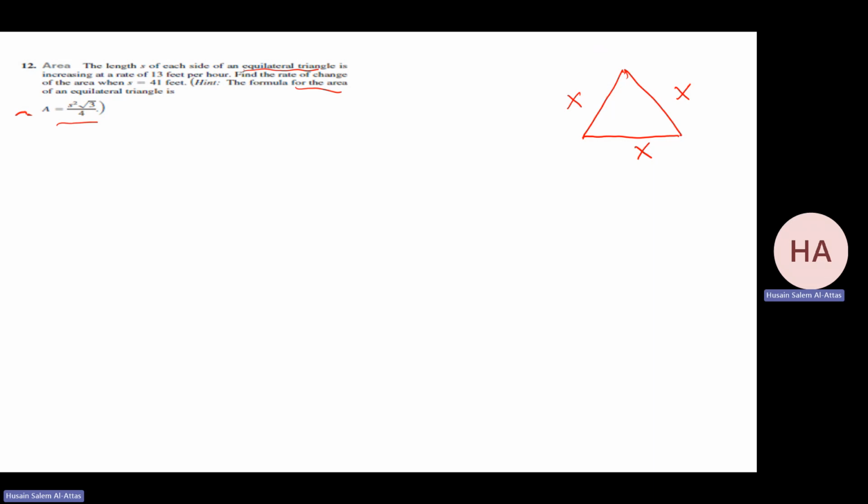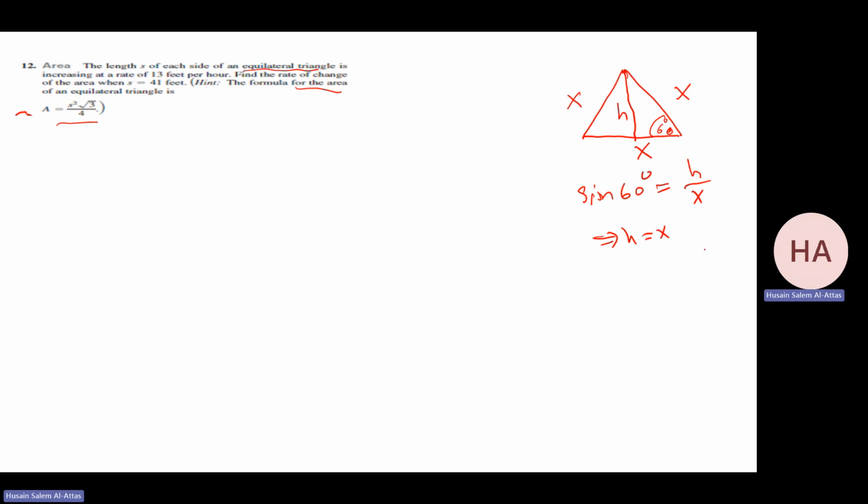This is the formula for the area. If I have this is H, and I know this angle is 60, so I know sine 60 will be H over x. I need H since the area, so H will be x times sine 60.